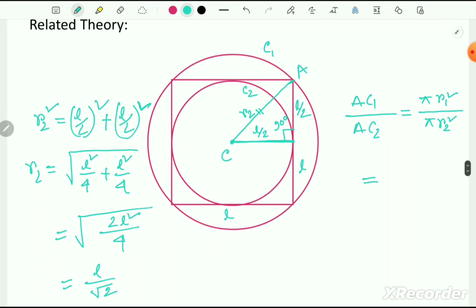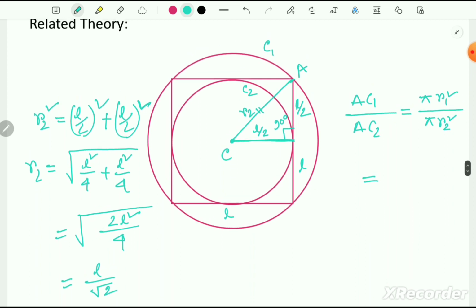Okay, now we can simply do the calculation. Pi R1 square, so pi and pi we can cancel out. R1 equal to L by root 2 whole square and R2 L by 2 whole square.